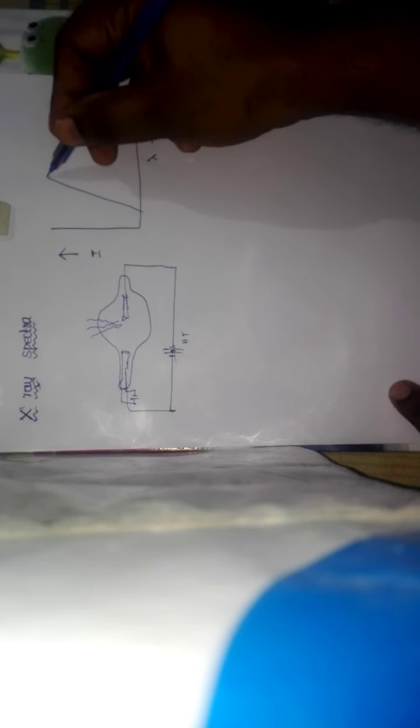That energy is released, and that is how X-rays are produced. So for this 50 kilovolt, the spectrum is like that.